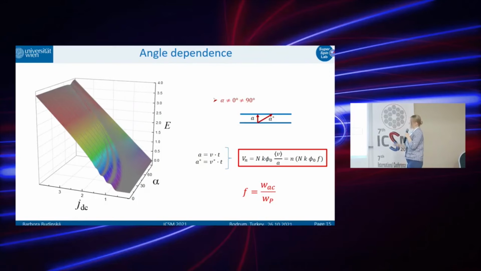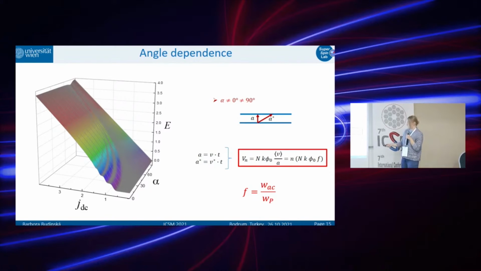When we are changing the angle and moving between the grooves, we are changing the length of the trajectory that the vortex needs from one of the hills to the other. So it's actually getting larger, which means we will need more time to do this, and that leads to a smaller frequency. And this is actually the pinning frequency that we put here.